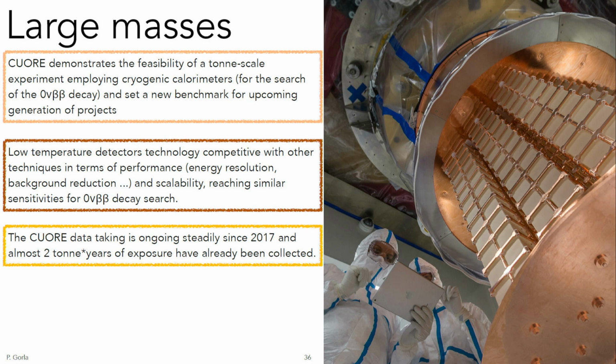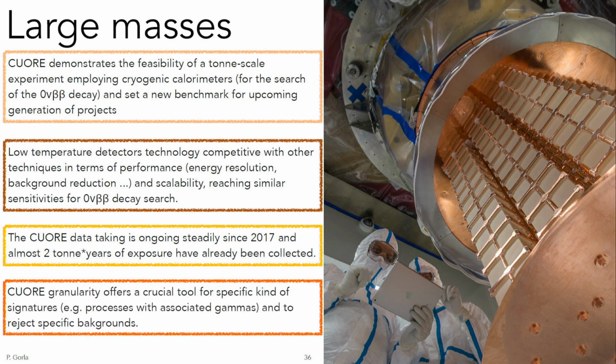I anticipated Cuore was cooled down to base temperature in 2017, and there was an intermediate thermal cycle to some 50 Kelvin maybe, but apart from that, it was never warmed up again. So it's extremely stable and allows running this kind of detector for a long time, which for large exposure is one of the critical issues.